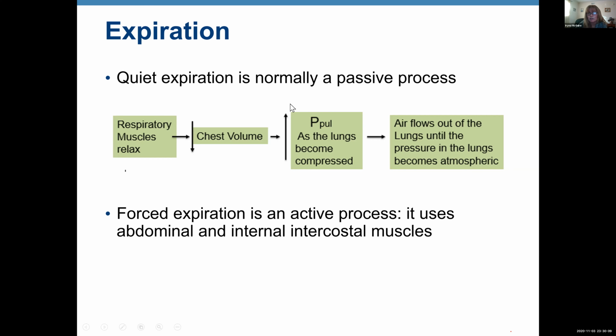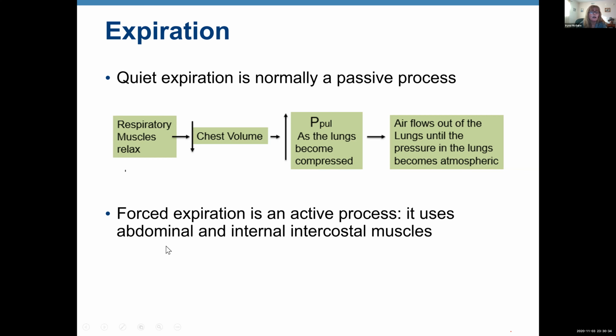So pulmonary pressure increases. Now the pressure inside the alveoli is higher than atmospheric, so air will flow out of the lungs until the pressure becomes atmospheric.